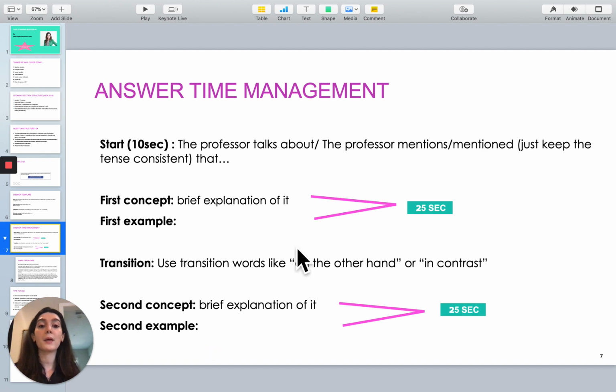So that's why I provided you the time management, because you need to understand that when there is 25 to 20 seconds left, you need to get on with your second concept. So you just can't spend too much time on this. And that's when you really need to use this time management to see the benefits of it.